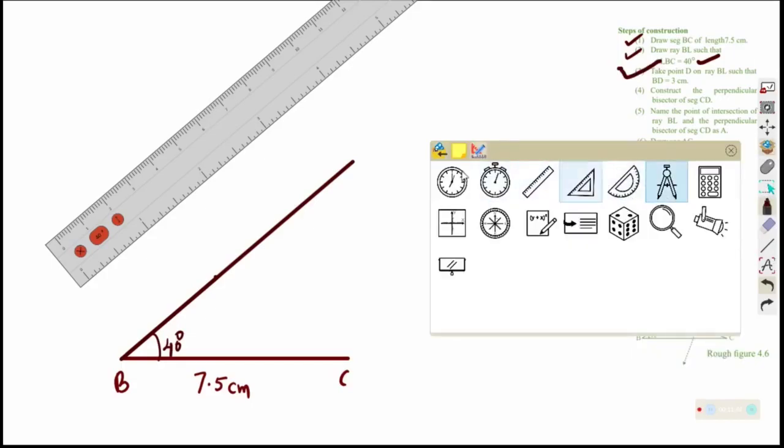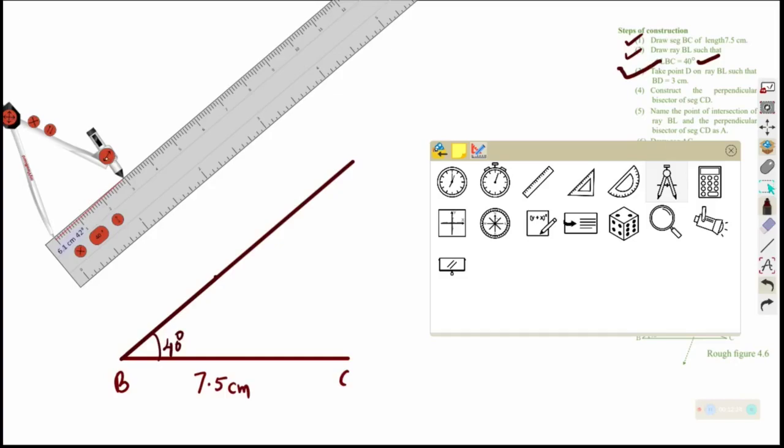Okay, let us take the compass from the magic box, and we will measure with the help of compass 3 centimeter on the scale. As I told you, these are all digital, and the real 3 centimeter and this centimeter will not match. This will always be showing the double of it. It doesn't matter. We are using the same scale. So 3 centimeter is taken on compass, and we will use that measurement in order to mark the distance 3 centimeter from B. Okay.